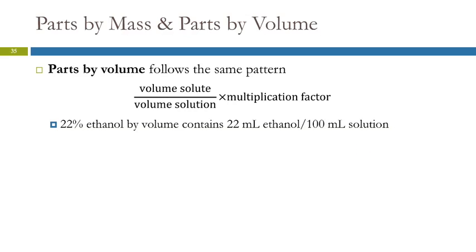Whether you use mass or volume just depends on the particular solution. For ethanol, it's easier to use parts by volume because ethanol is a liquid, and liquids are easy to measure with volumetric glassware. It's easier than weighing them on a balance. But with a solid, you can't do a volume. Any questions?